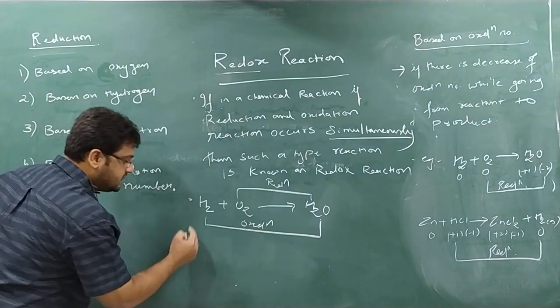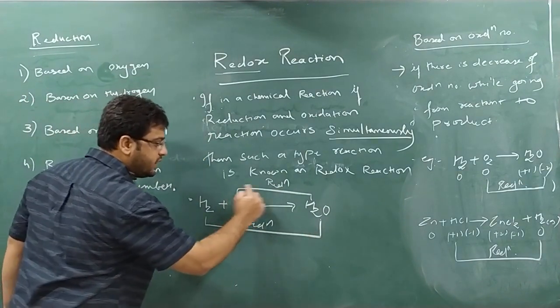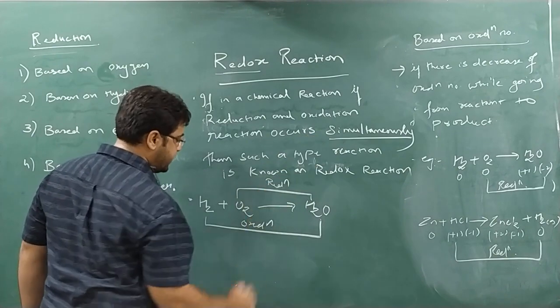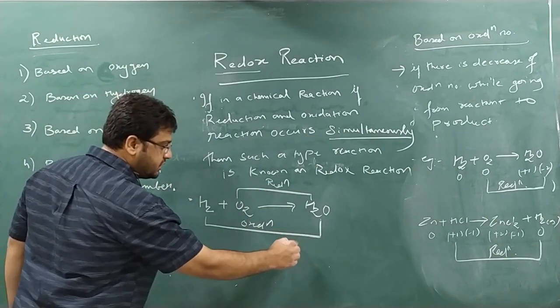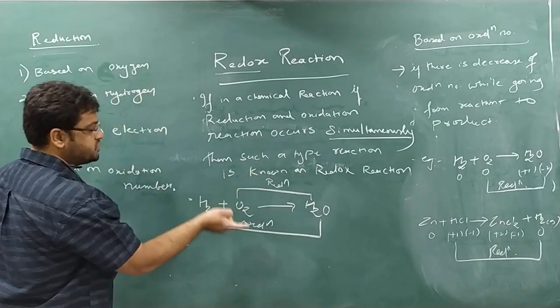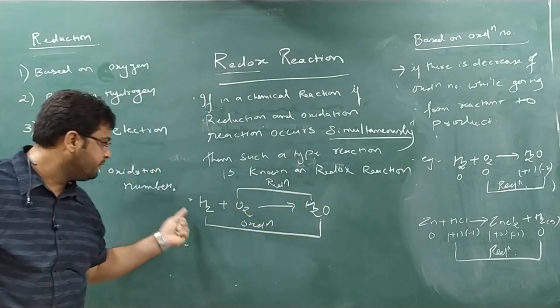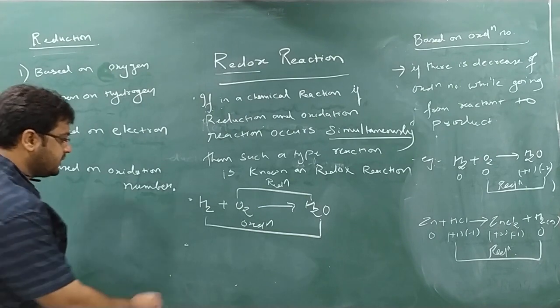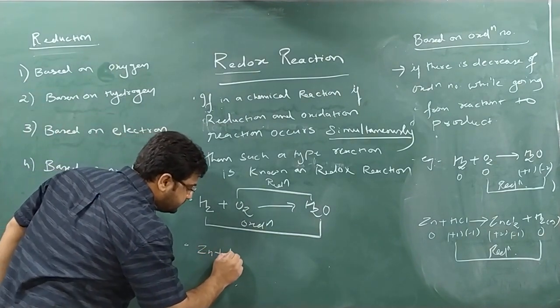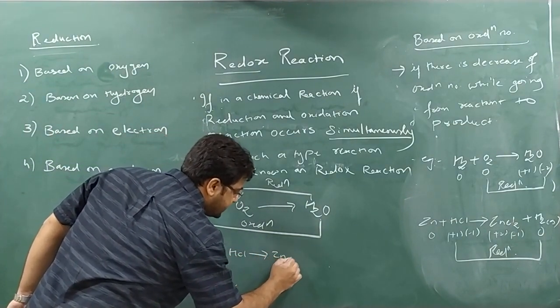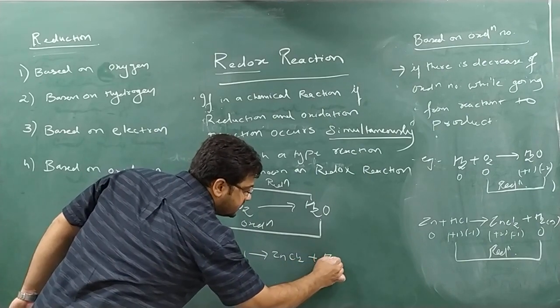So simultaneously, if there is an oxidation, there should occur a reduction. Such a type of reaction is known as a redox reaction. This is an example of a redox reaction. Another example, Zn plus HCl gives ZnCl2 plus hydrogen.